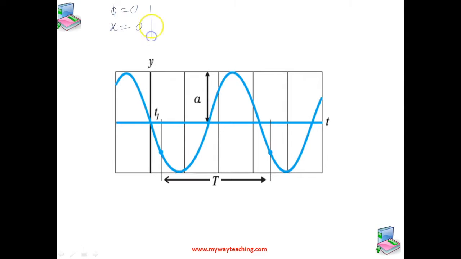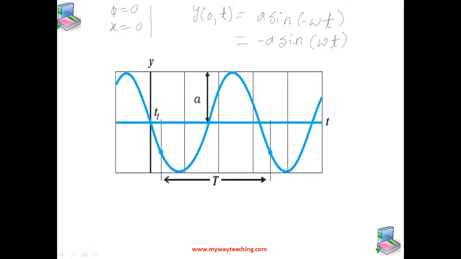Then in that particular case we get y of 0 comma t, because x is equal to 0, is equal to a sine of minus wt. Now sine of minus theta is minus sine theta, so that is minus a sine of wt.